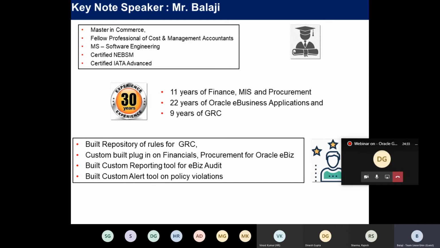We have also built a few alerts for audit purposes, basically for the internal and external auditors, where small modifications can be done and you can run those queries online as well as by way of reports, on the fly, instead of depending upon the key users for reports or information.